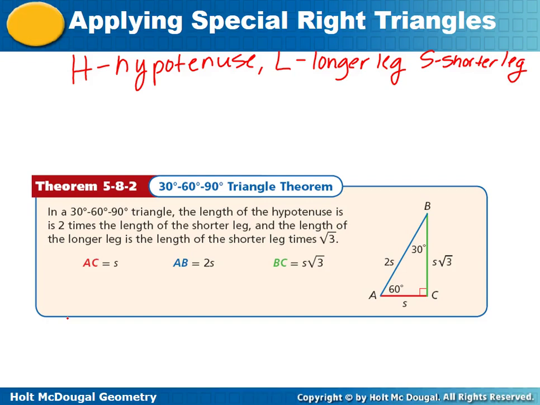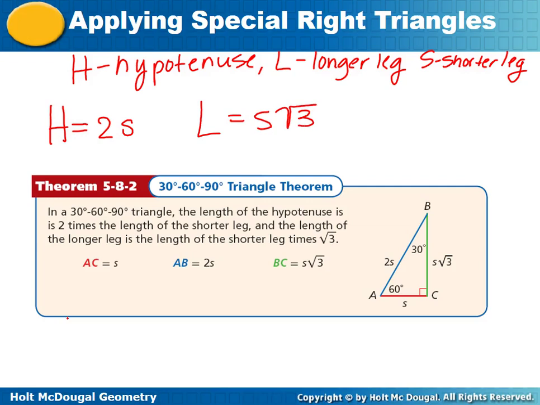Then we've got two formulas. Our first one is the hypotenuse is equal to 2 times the short leg. Our other formula is for the long leg. The long leg is equal to the short leg times the square root of 3.